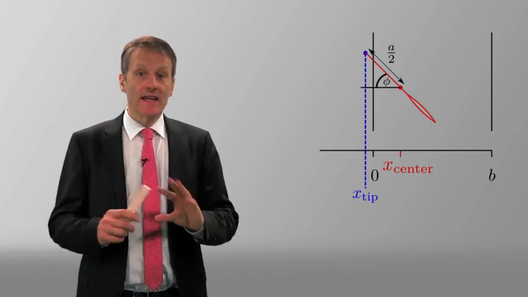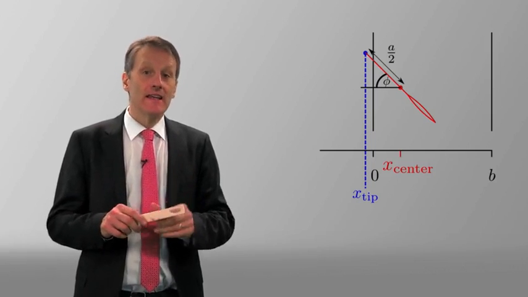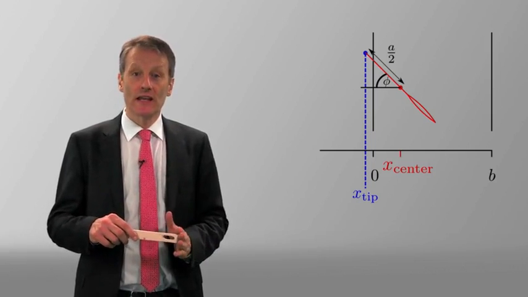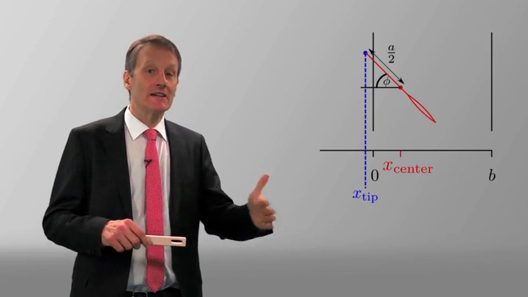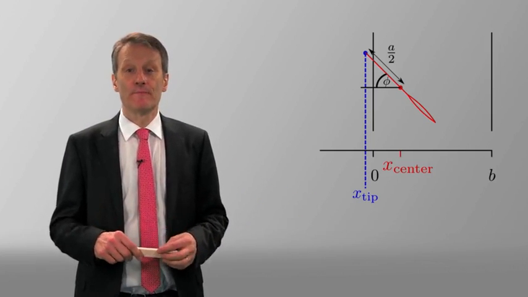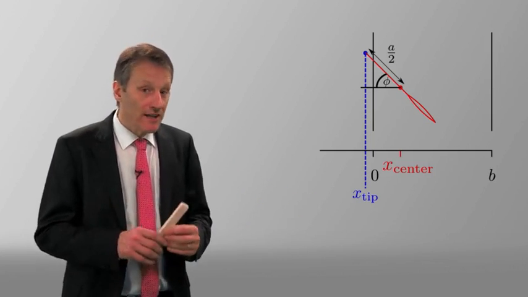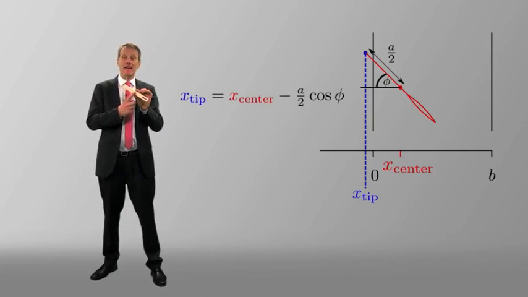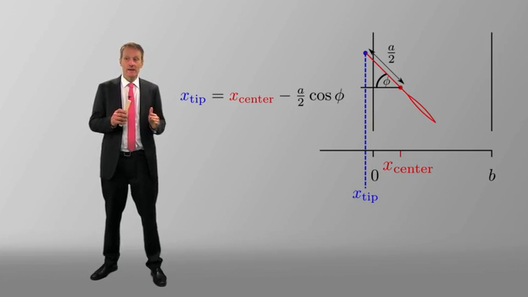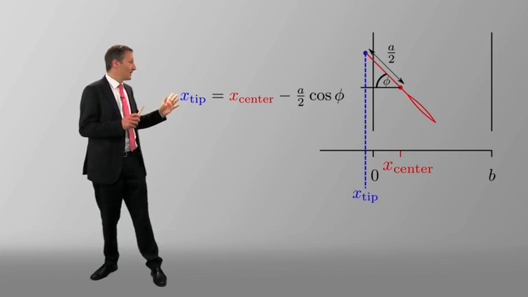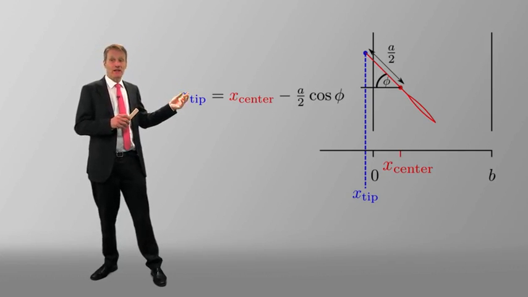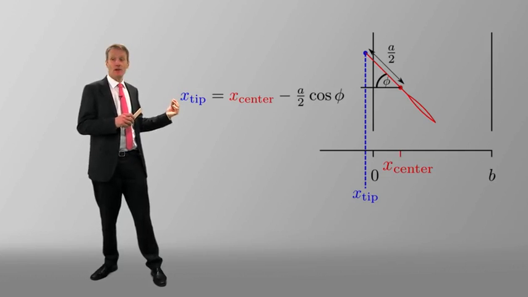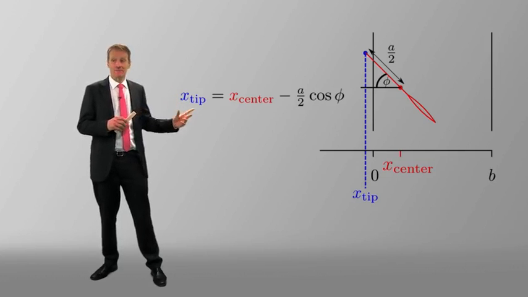We suppose that the angle phi is uniformly distributed and also that x center is uniformly distributed. Now the x variable of the tip is given by x center minus a over 2 times cosine of phi, and if x of the tip is smaller than 0, we have a hit.